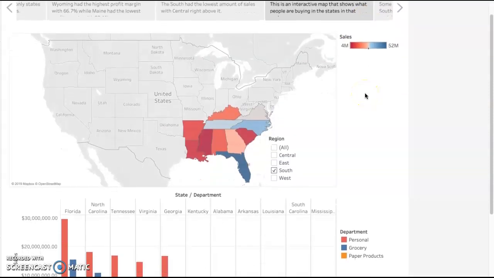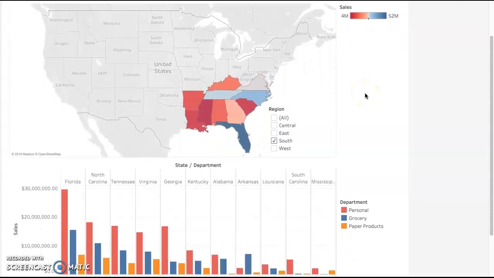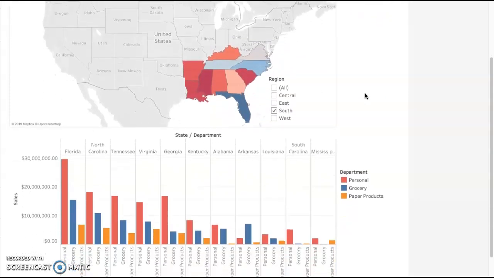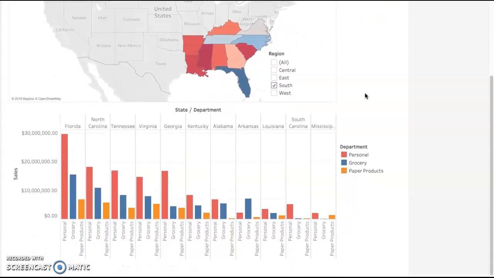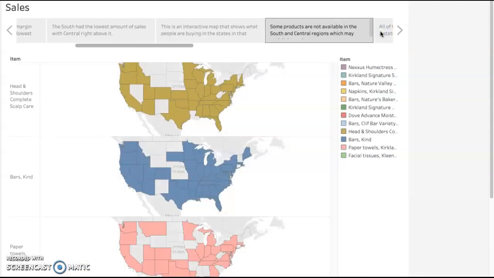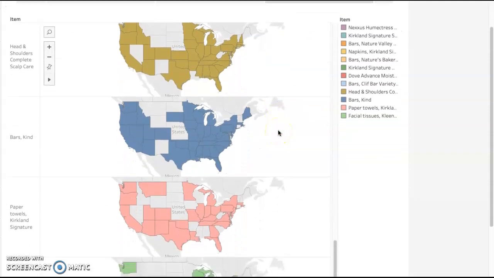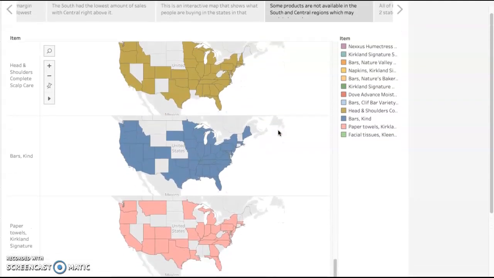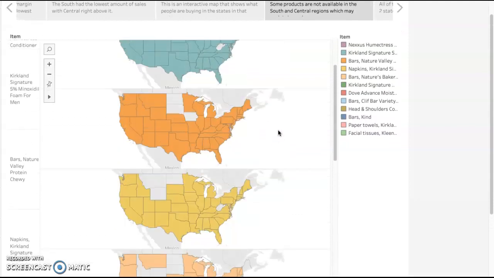So this is an interactive map that shows what people are buying in the states. In this map, I showcase the South because it had the lowest sales as a region. So some products aren't available in the South and central areas as seen below.